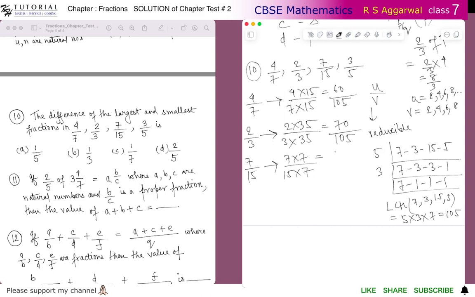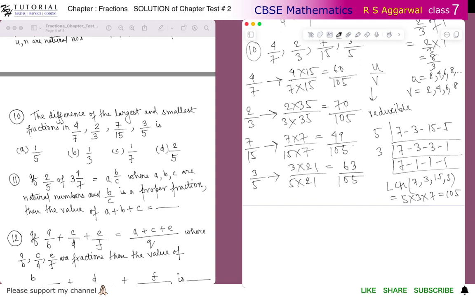This is 49 by 105, and finally 3 by 5 has to be 5 into 21 and 3 into 21. This is 63 by 105.